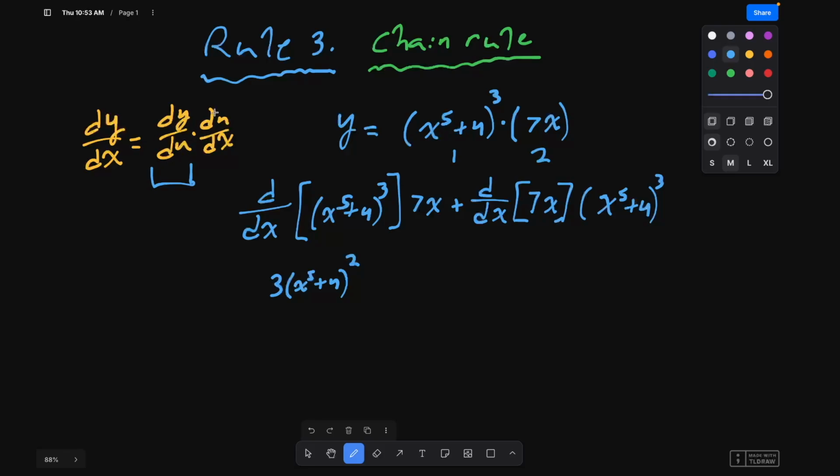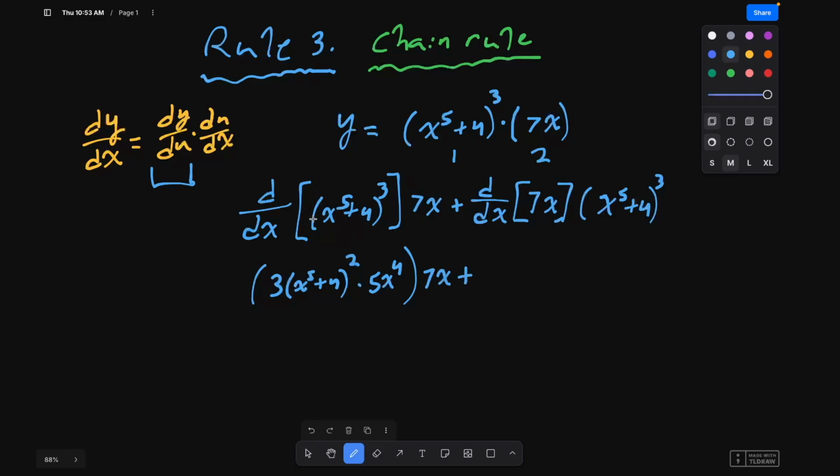Now we multiply by our du dx, so the derivative of our inside, which is just going to be 5x to the 4th, and then plus 0. So that whole part, this derivative, is multiplied by this 7x. Then we have a plus.